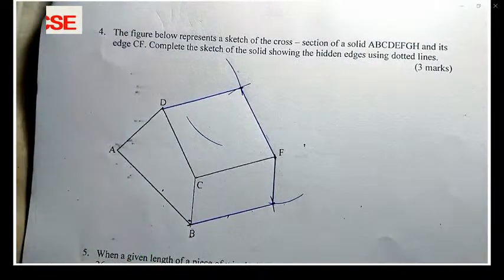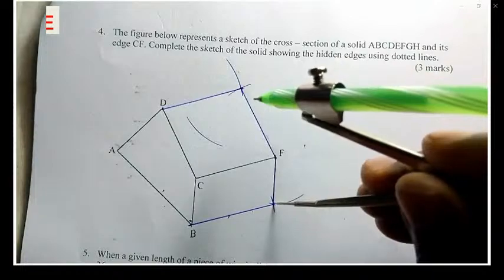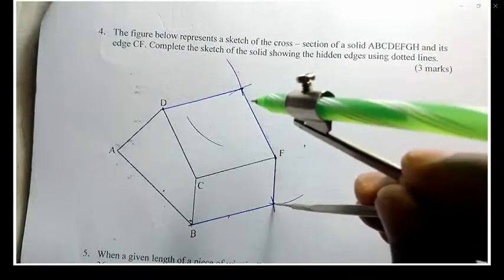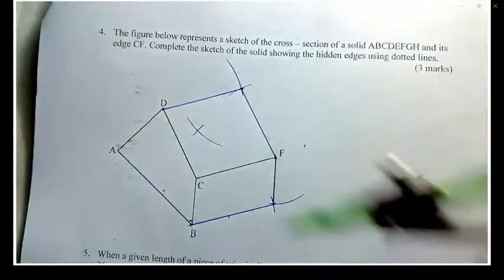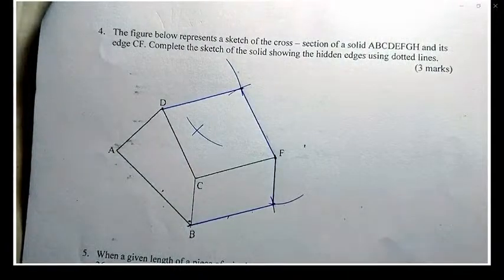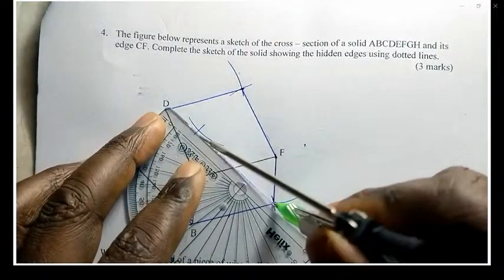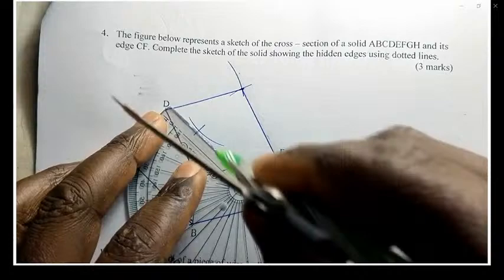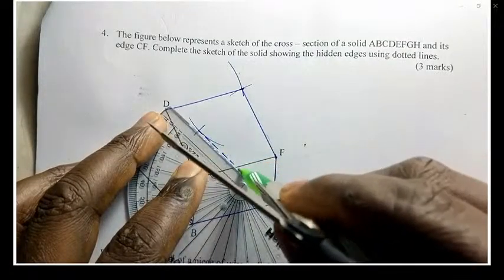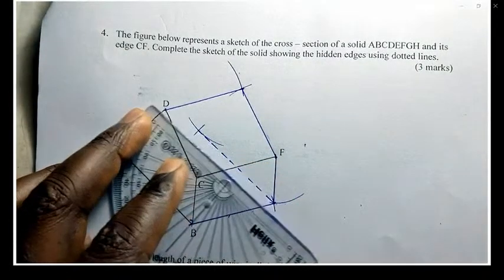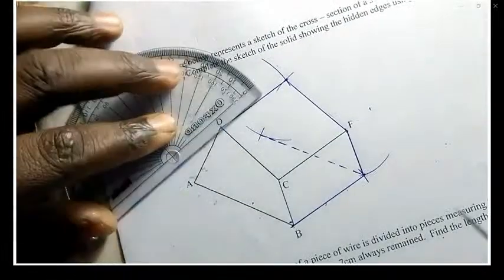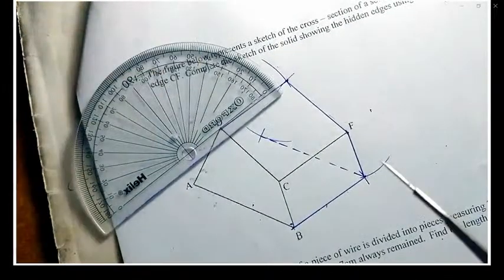Once you have done that, take this point, simama hapa and mark there. So now what you do, you join this point and this point here using dotted line, and then this side also using dotted line.